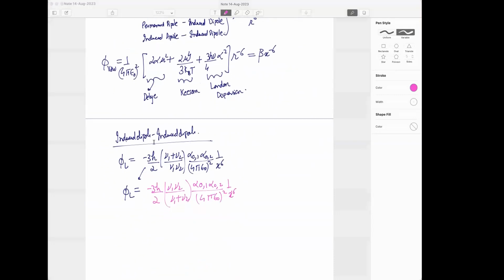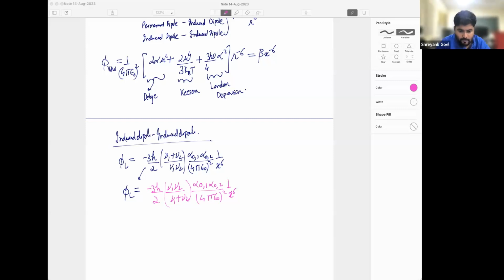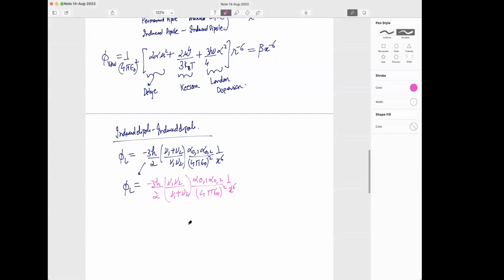Sir, there is a nu 1 plus nu 2 that should be there, no? Divided by nu 1 into nu 2. How will it be changed? What are you saying? In the second equation, minus 3h divided by 2, nu 1 plus nu 2 divided by nu 1 into nu 2 should be there, no?